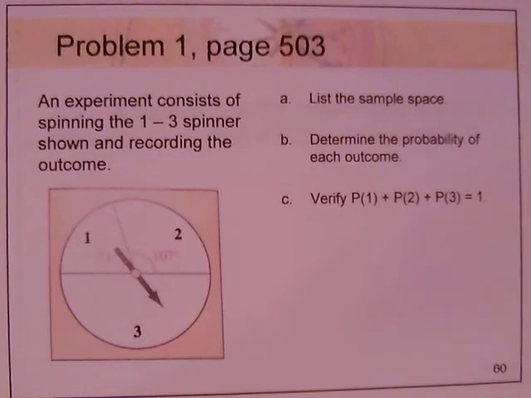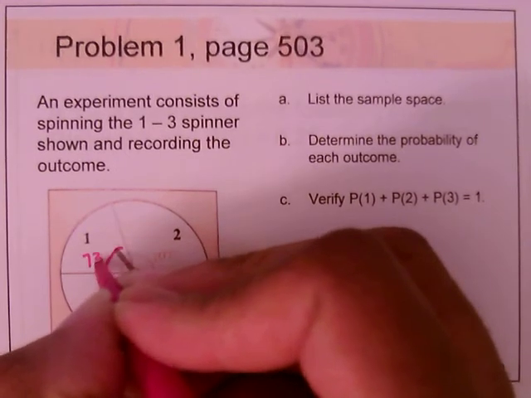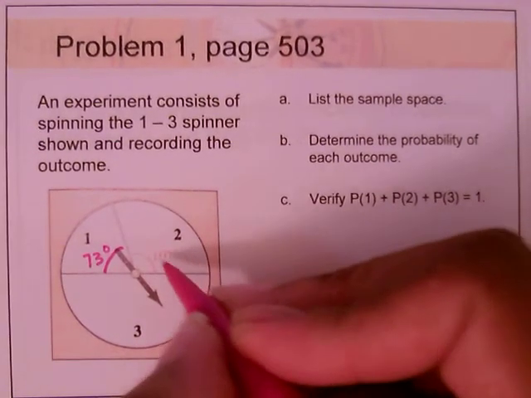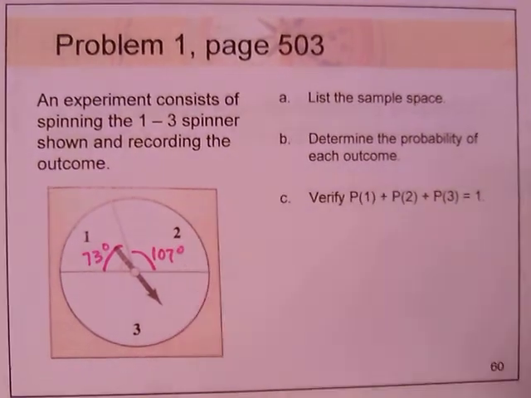An experiment consists of spinning the 1 through 3 spinner shown and recording the outcome. Now, this represents 73 degrees. It's hard to see. And this represents 107 degrees here. And this is problem number 1 on page 503.